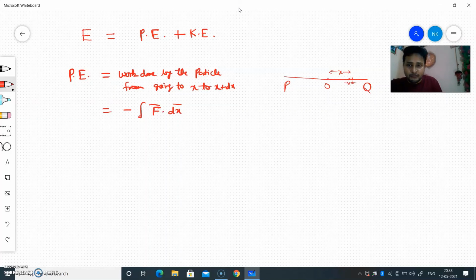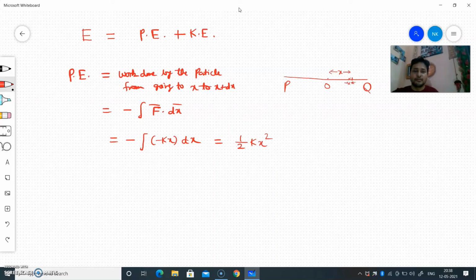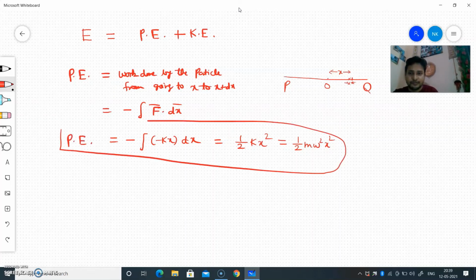We know that F is minus kx, so this integral is minus kx dx, which is nothing but half kx square. So the potential energy is half kx square. Since omega is the square root of k by m, this is half m omega square x square. This is the expression for potential energy.